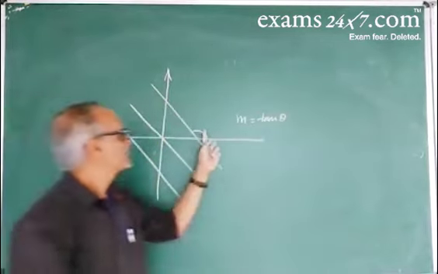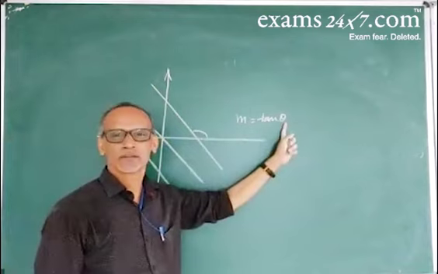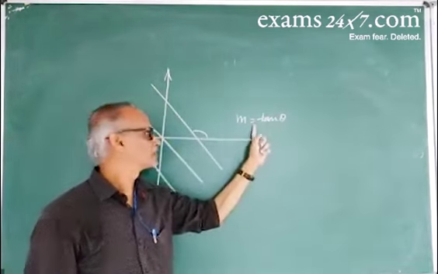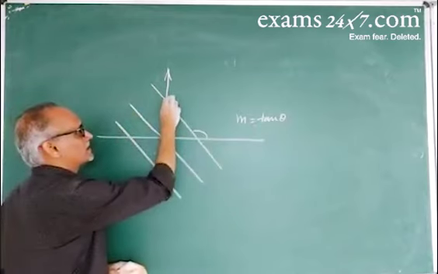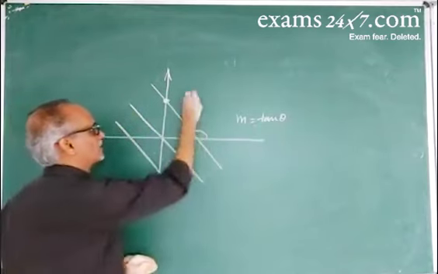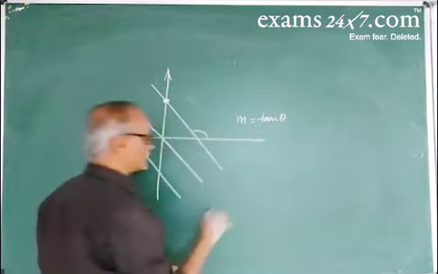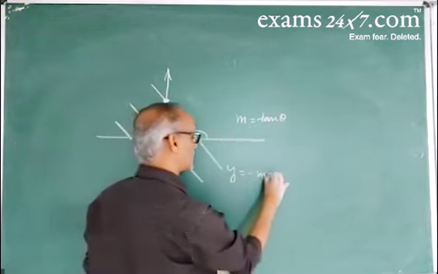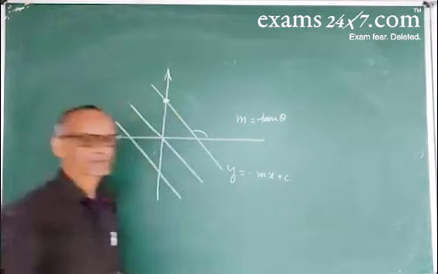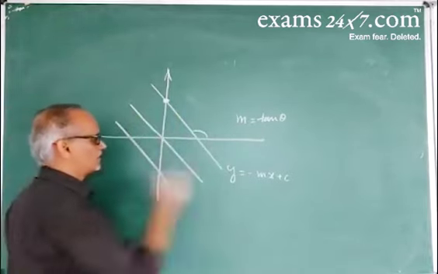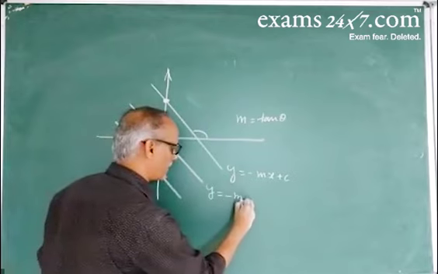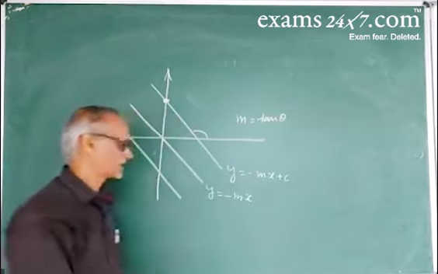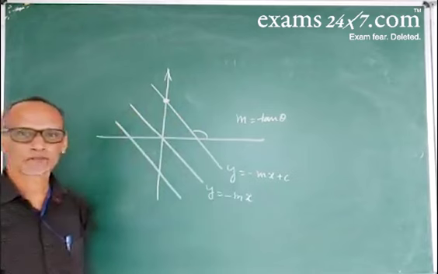So when theta is obtuse, m is negative. That's how we get negative slope. Whereas the y-intercept here is positive. So the equation for this straight line is y is equal to minus mx plus c.